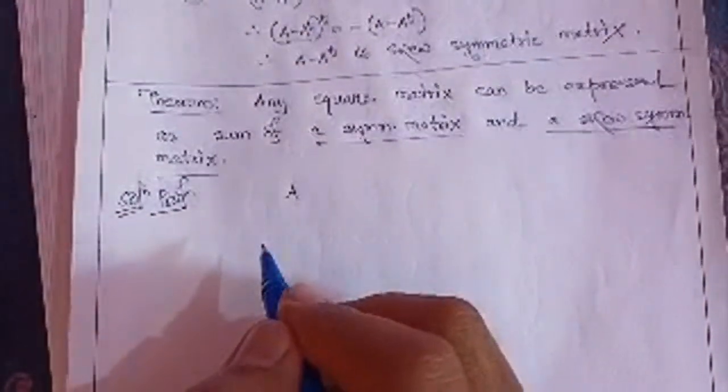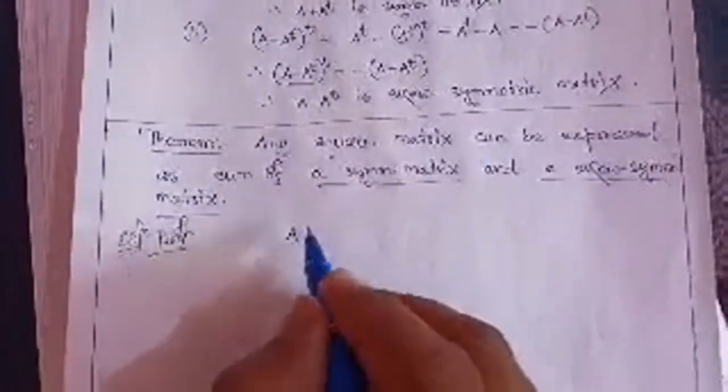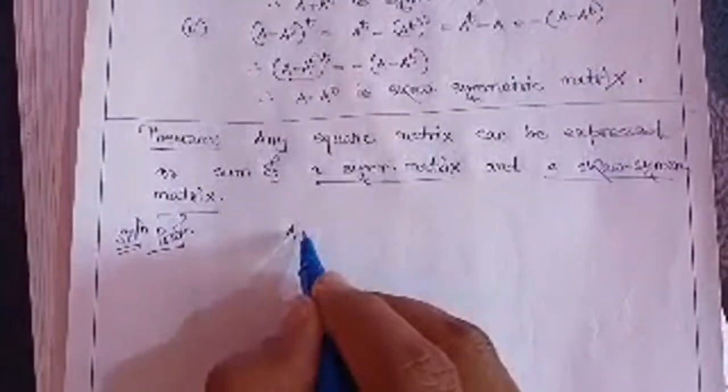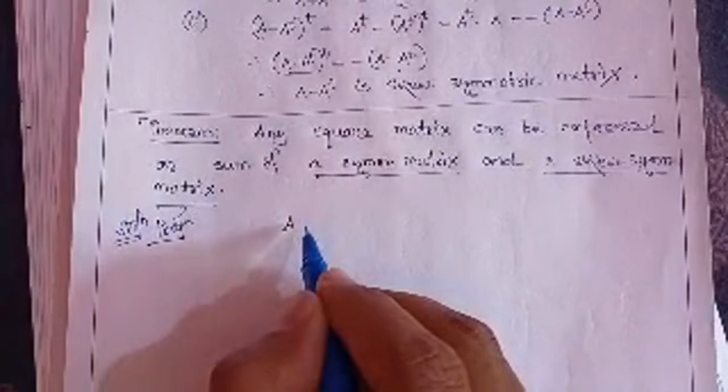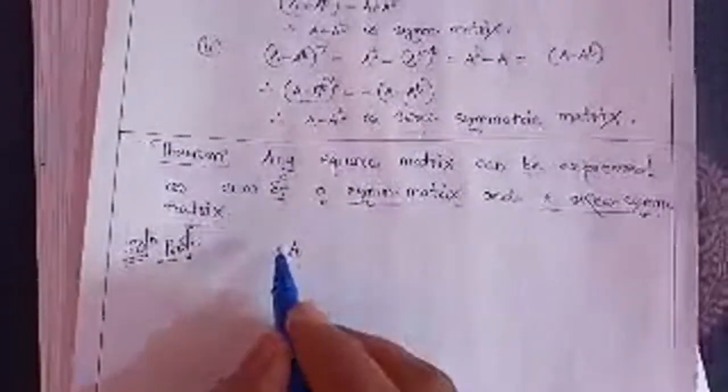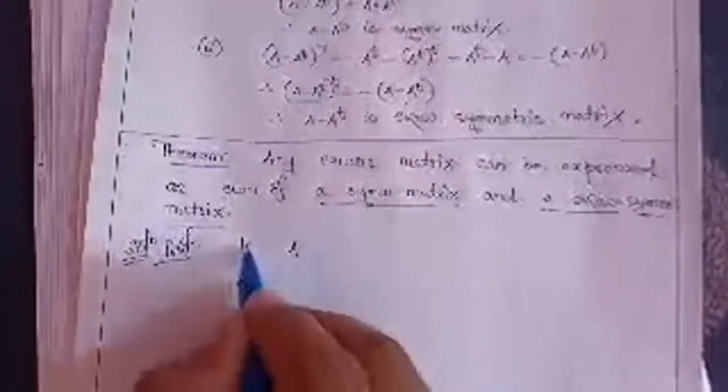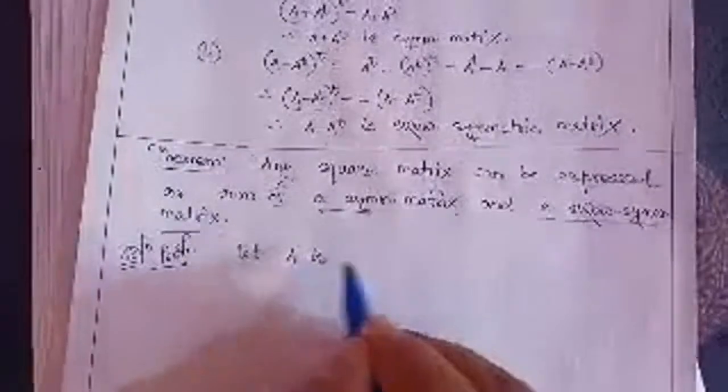A can be any square matrix. So let A be any square matrix.